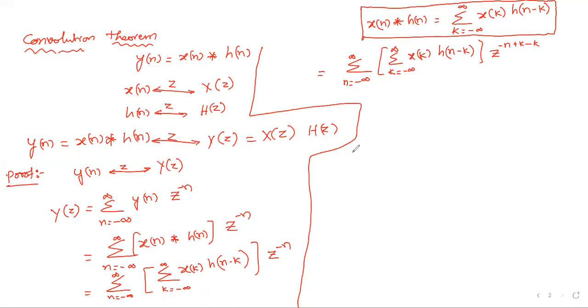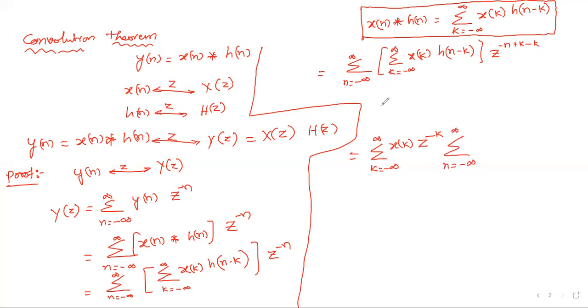Now here summation k equal to minus infinity to infinity x of k. Here z power minus n plus k minus k is there. Now I will take it as z power minus k. Remaining, I will write separately: summation n equal to minus infinity to infinity.